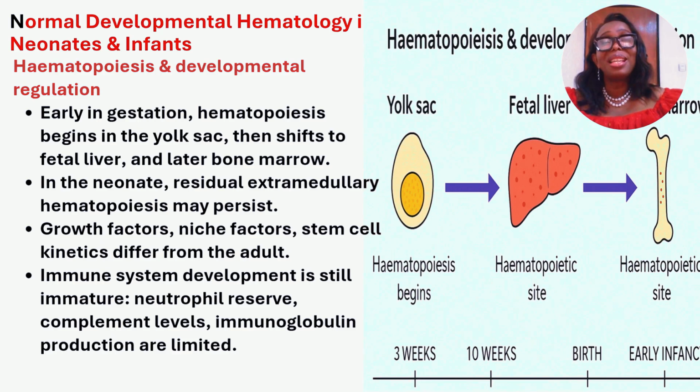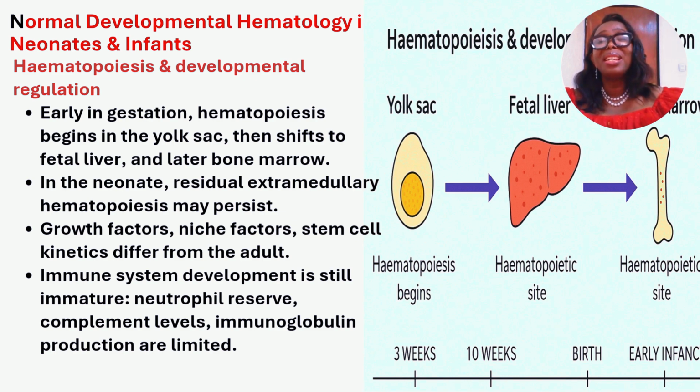In the yolk sac, it is hemoglobin Gower 1, Gower 2, and hemoglobin Portland. Now, from the yolk sac, it then shifts to the fetal liver, and then spleen, and later to bone marrow. In the neonates, residual extramedullary hematopoiesis may persist.